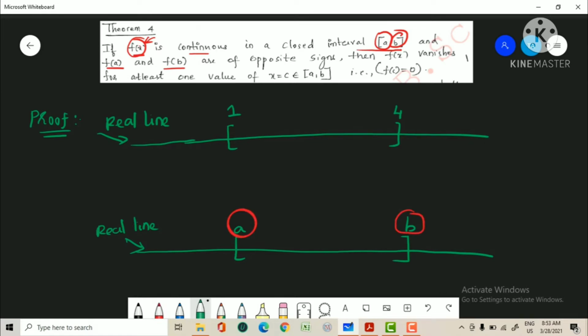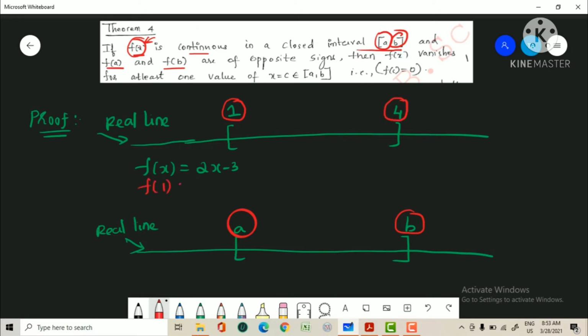Okay, now suppose I have a function f of x is equal to 2x minus 3. I will find out what is my function value at 1 as well as what is my function value at 4. So let's find out.